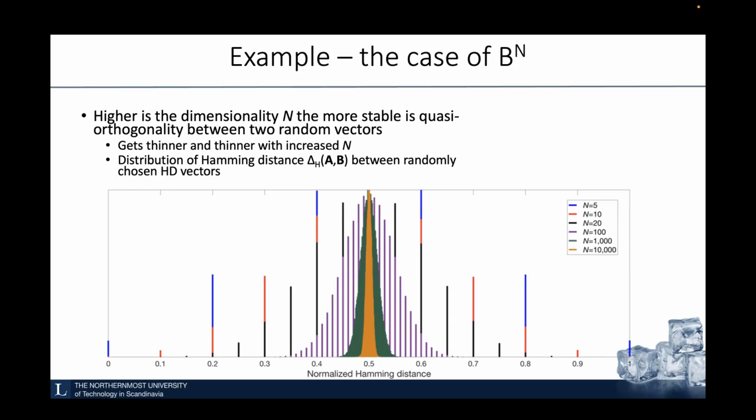But the phenomenon shown here is maybe not straightforward to appreciate immediately. It means that most of the vectors, the entire space with respect to a chosen one, will be located at the distance 0.5, which is somewhere in between.